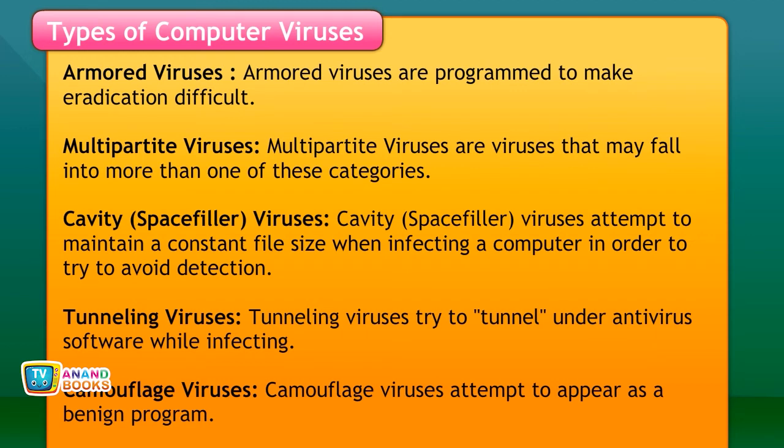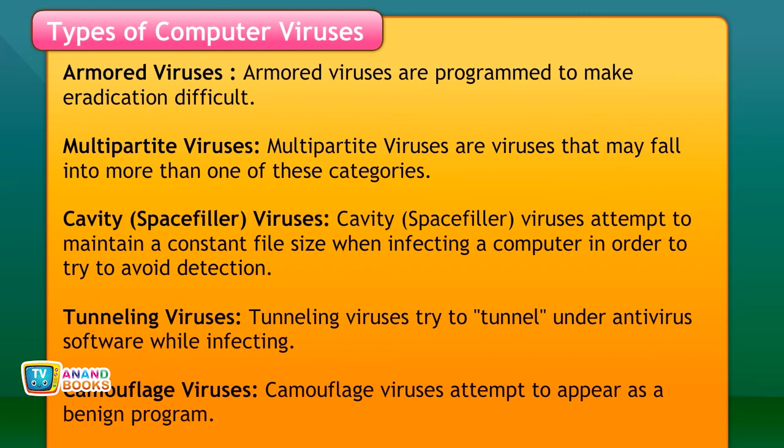Cavity or space filler viruses. Cavity or space filler viruses attempt to maintain a constant file size when infecting a computer in order to try to avoid detection. Tunneling viruses. Tunneling viruses try to tunnel under antivirus software while infecting.